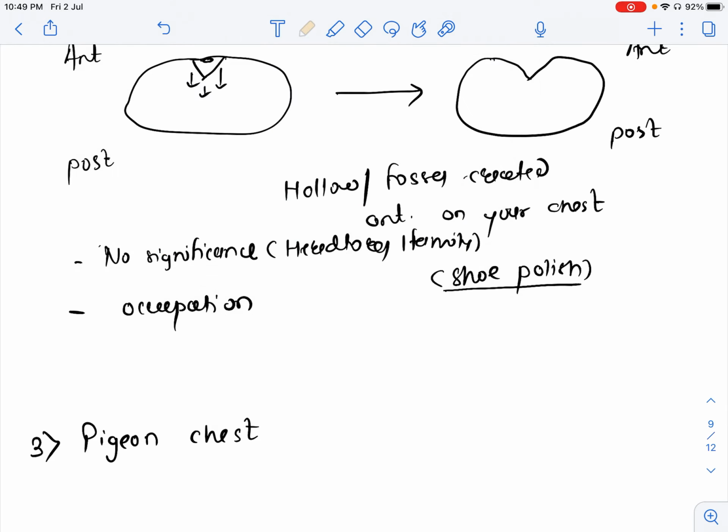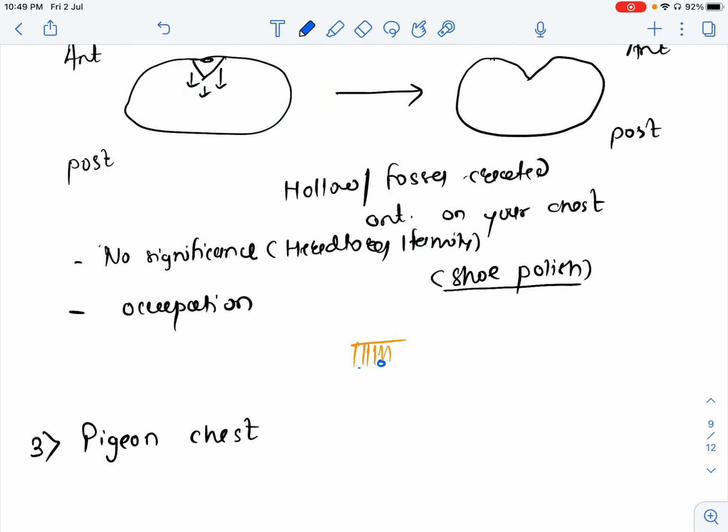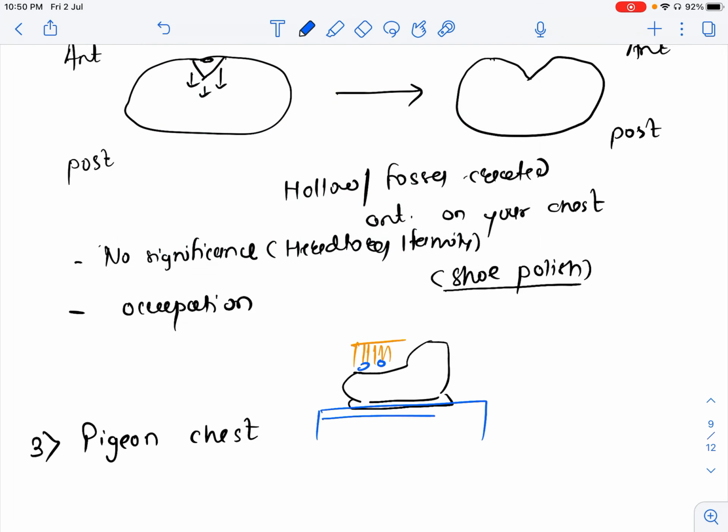He has a brush and some oil. He will take your shoes and keep them on a table or whatever mounting part that he has, and he'll just rub your shoes.